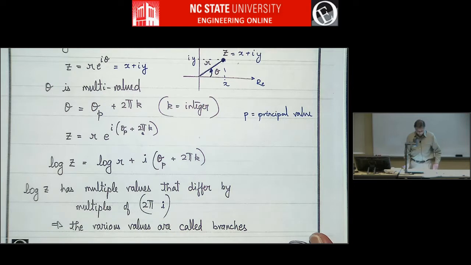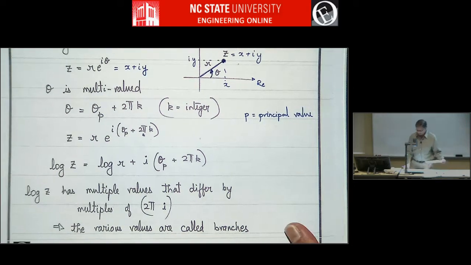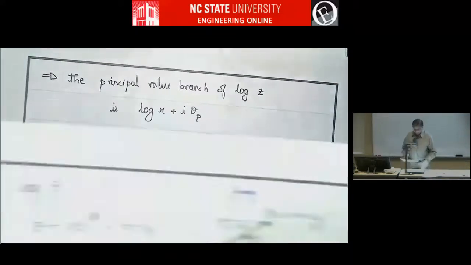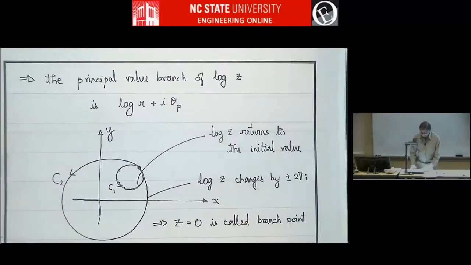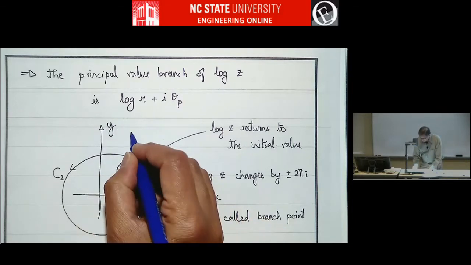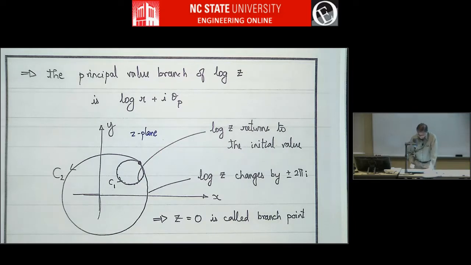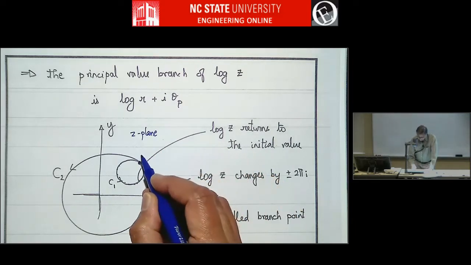Okay, so we'll just take a quick look at a graphical representation of this, and we'll come back to it later. So what does that mean? If you attempt to draw log of z, right? So let's take the z plane, which is x and y, right? So this is a z plane. And let's take a point z.